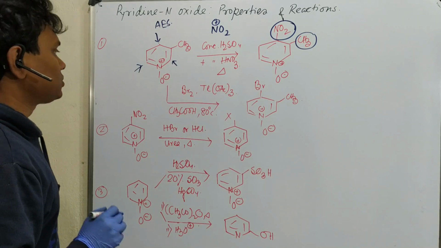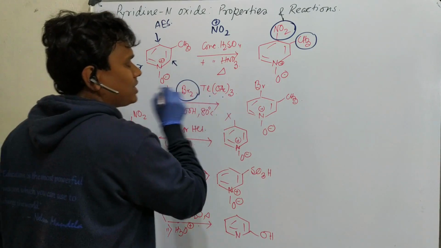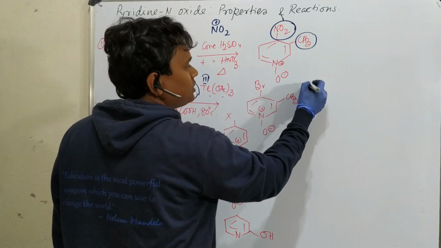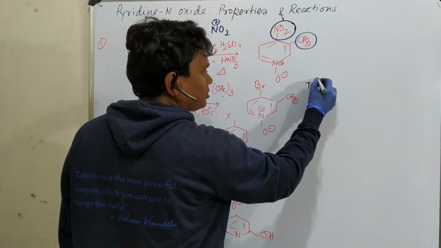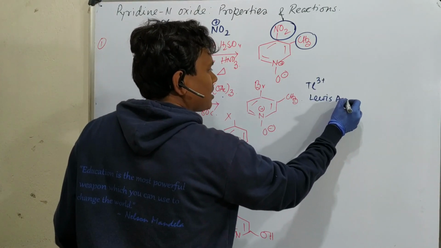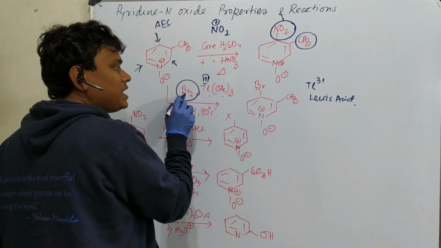Okay, fine. Similarly, if you take bromine and thallium acetate, what is the role of thallium? Thallium acetate means thallium(III), and it is in the aluminium group. So this thallium 3+ acts as a Lewis acid to generate the electrophile, because it takes the Br minus.